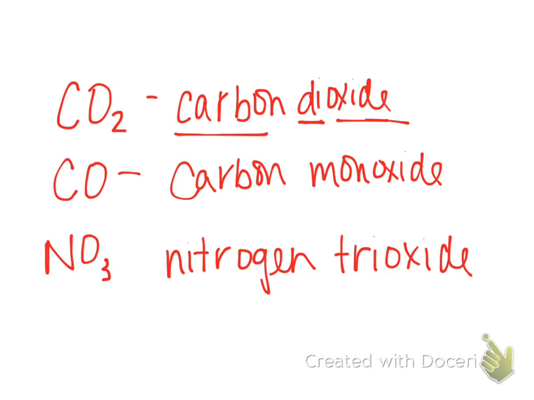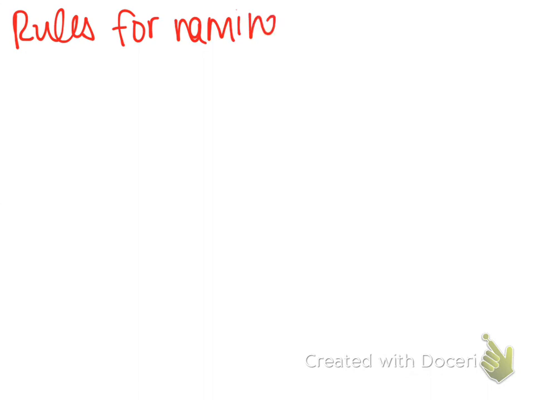Any questions so far? I'm going to give you the defined set of rules because it's a little more complex than that, but in general, that's pretty much how it goes. So, here are our rules for naming covalent compounds. I'm going to lay them all out there, and then we'll try lots of practice ones.